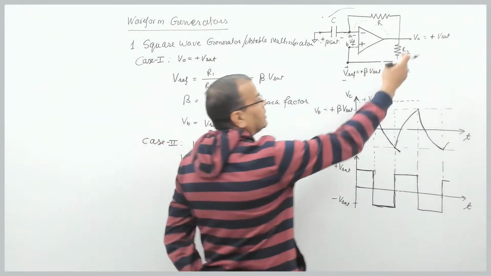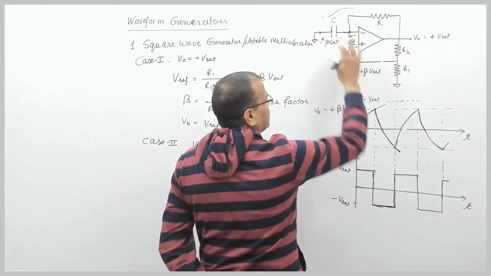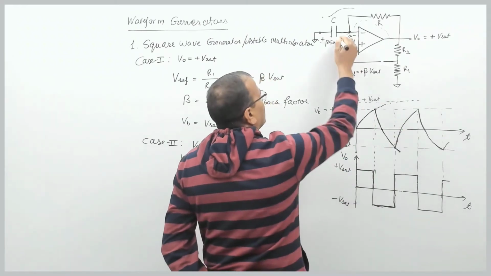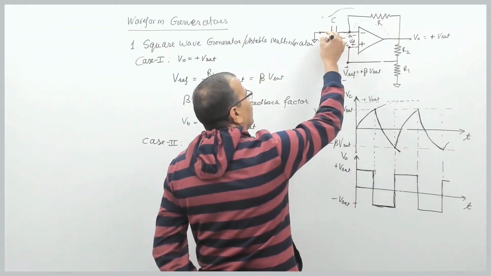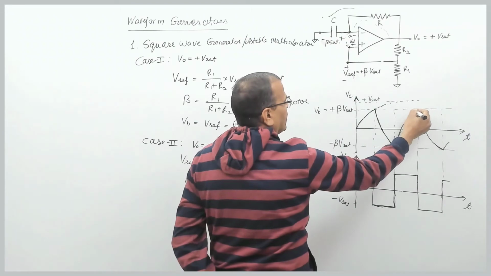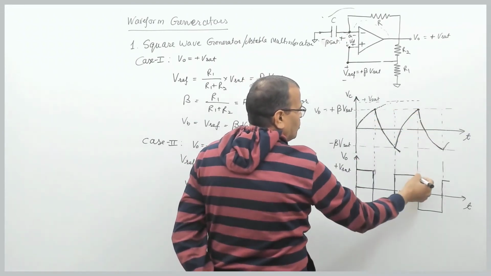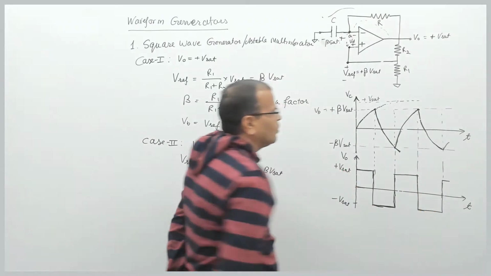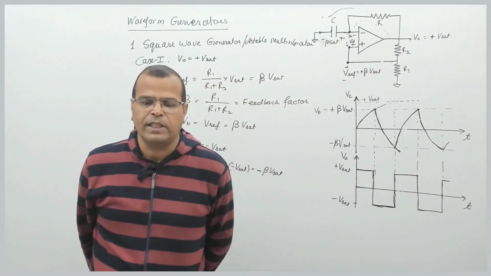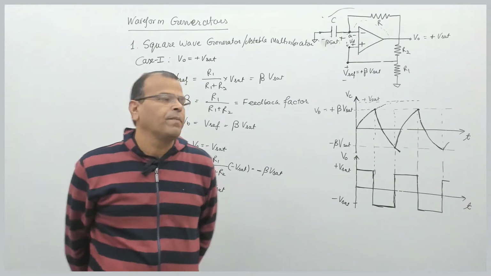Now again, since it has become positive, it will first discharge and then charge to this value, that is plus beta into V set, and that instant is exactly similar to this. At this point your output voltage again changes from plus V set to minus V set. Fine.